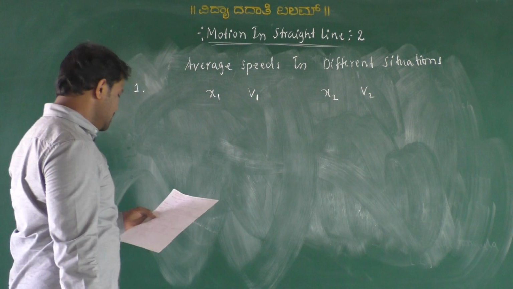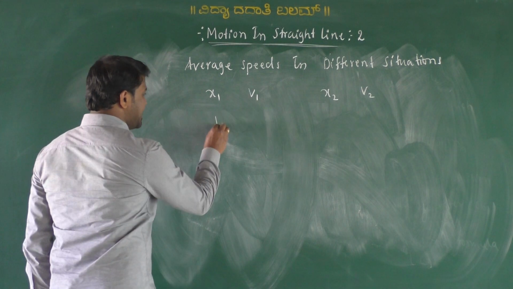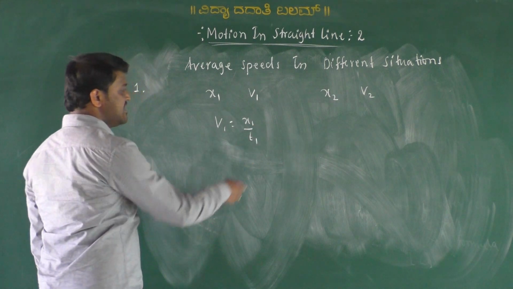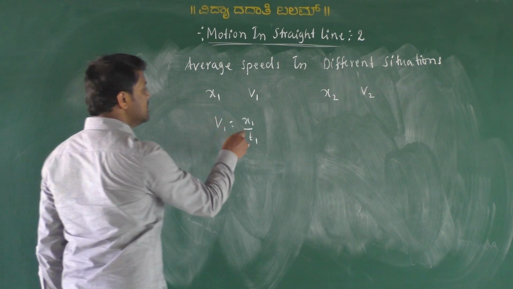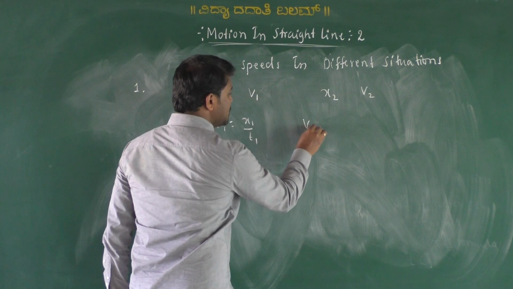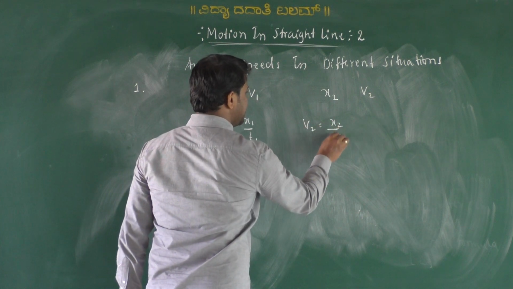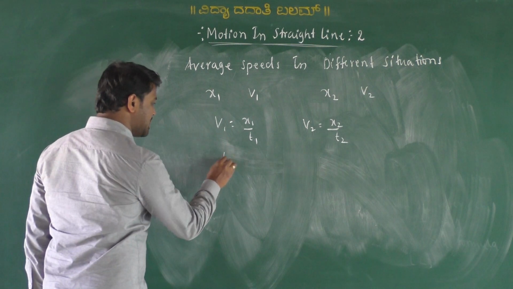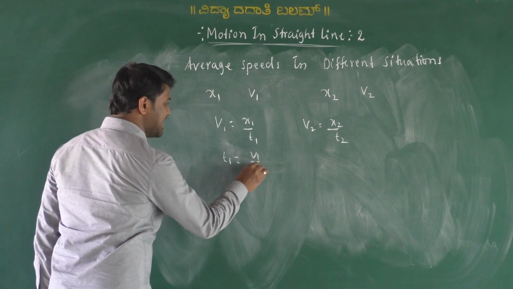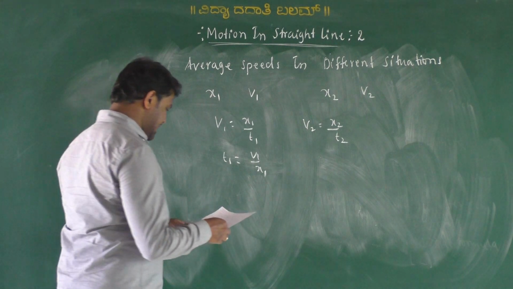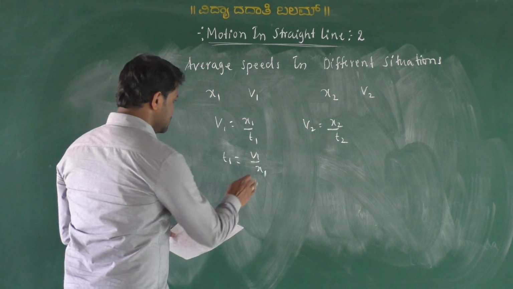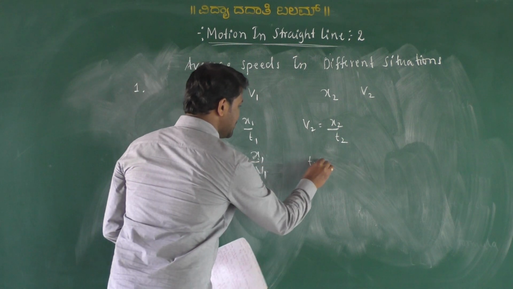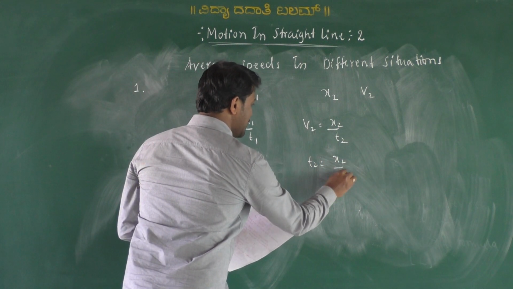So therefore we know very well the average speed is what? v1 equal to x1 by t1. It is nothing but a definition of speed here for v1. Then v2 equals x2 upon t2 here. So it can be rearranged as, ಹೇಗೆ ಬರಿಬಹುದು ನಾನು ಅಂದ್ರೆ, t1 equal to x1 by v1, and t2 equal to x2 by v2 here.